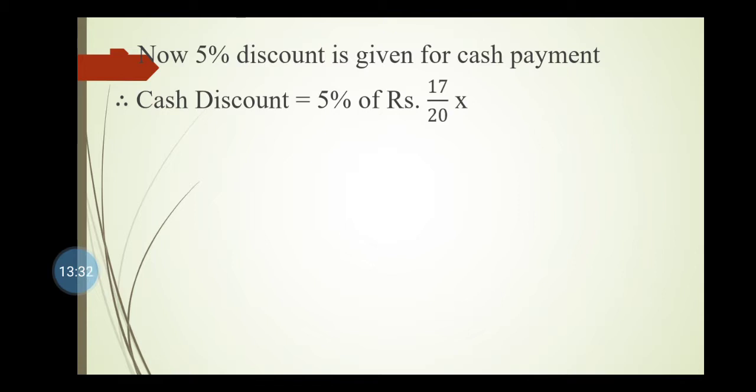Invoice price is rupees 17 upon 20 X. So cash discount equals 5 upon 100 into 17 upon 20 X. When we solve this, we get 17 upon 400 X. How do we get 17 upon 400? 100 should be cut from 5, it remains 1 upon 20. 20 into 20 is 400 and 1 into 17 is 17.